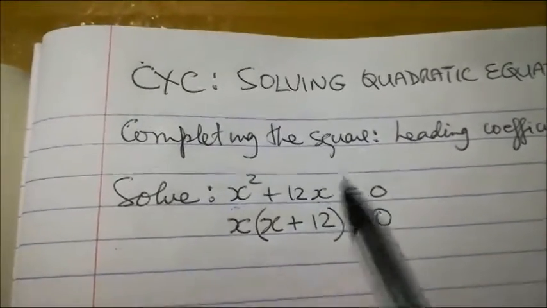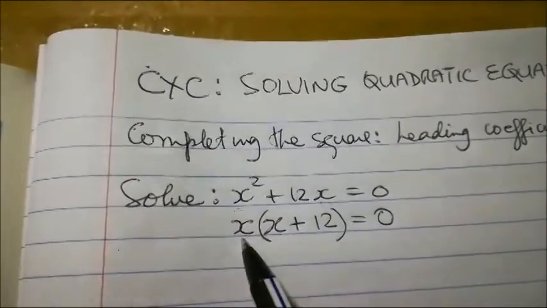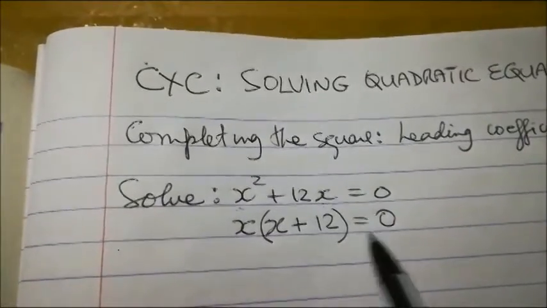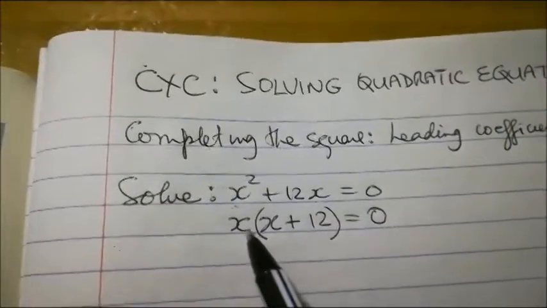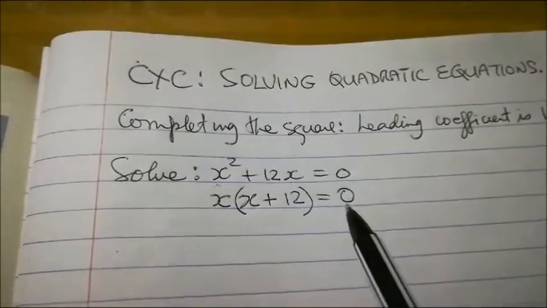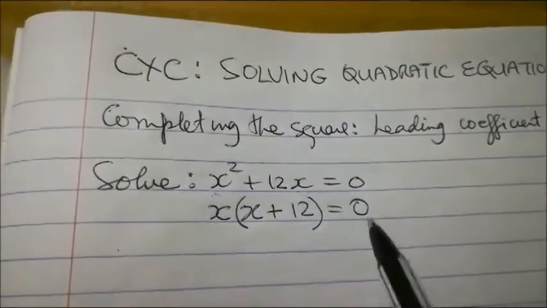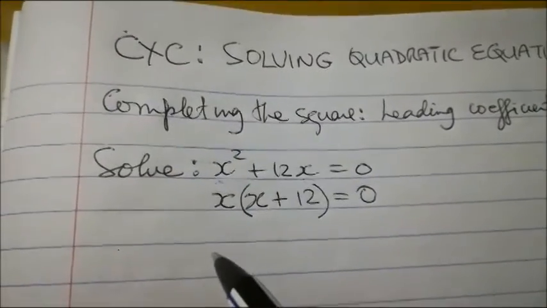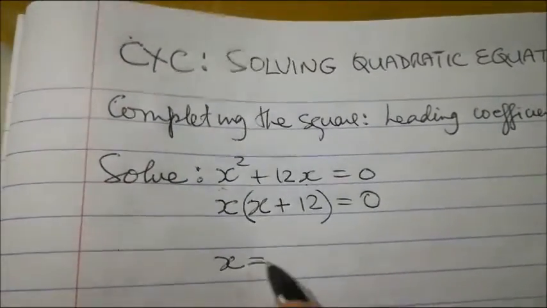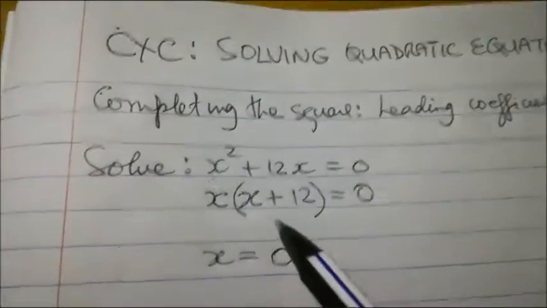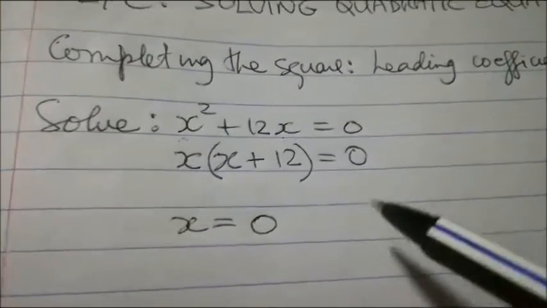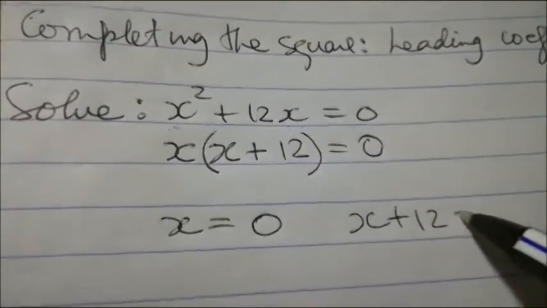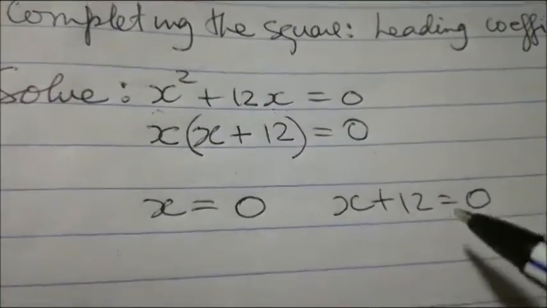So we have two things equal to 0. We have the x on the outside, which is equal to 0, and we have the x plus 12, which is equal to 0. So right away we know that one of the values for x is 0 already. So we could say then x is equal to 0, and that is where we stop. And we can also say x plus 12 is equal to 0.